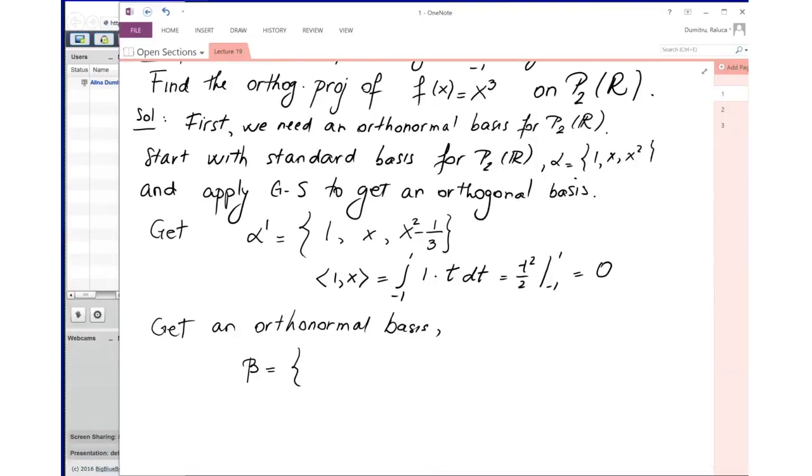So we're going to need to divide each vector by its norm, right? The norm of 1, for instance, would be the inner product between 1 and 1. So we need to compute all those integrals. Again, I have them here. So here it is.